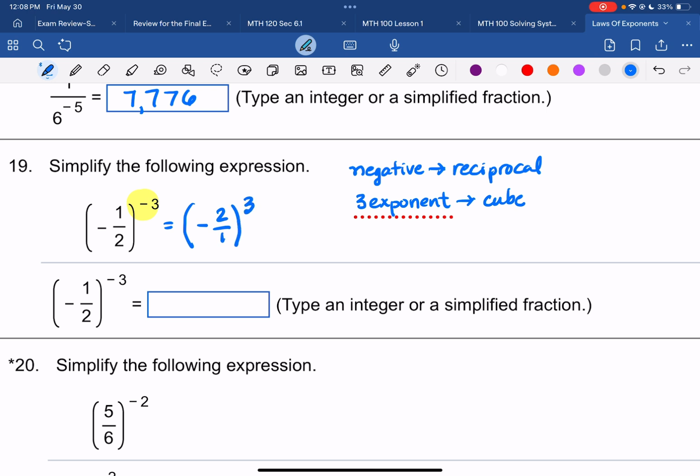When I did the reciprocal, I removed the negative sign because that's what the negative sign tells me to do. And now I just do negative 2 to the third. That's going to be an odd number of negative bases, so I'm going to get a negative answer. The answer to this is negative 8.